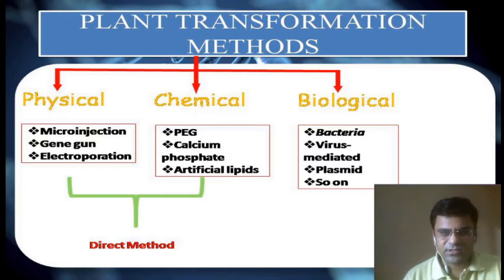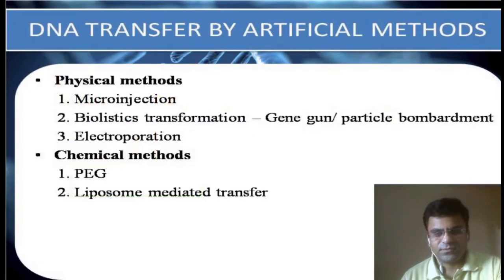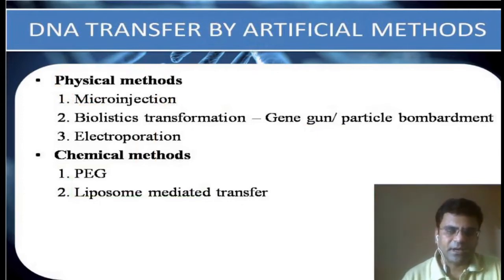Among these are microinjection, gene gun, electroporation, PEG, calcium phosphate, artificial lipids, etc. The physical methods contain microinjection, biolistic transformation (gene gun or particle bombardment), and electroporation. In chemical methods we will discuss polyethylene glycol and liposome mediated transfer.